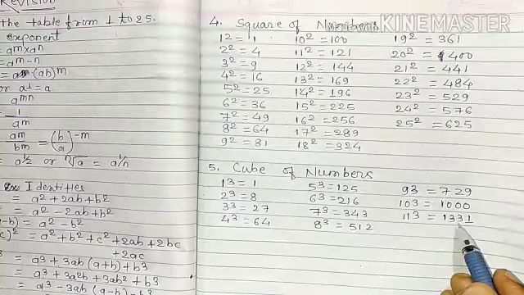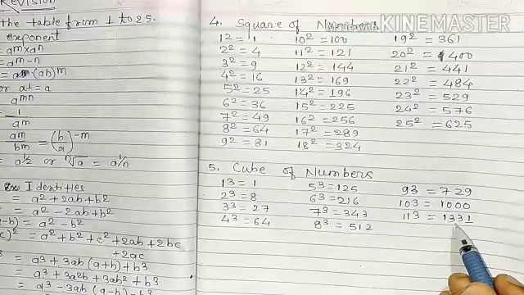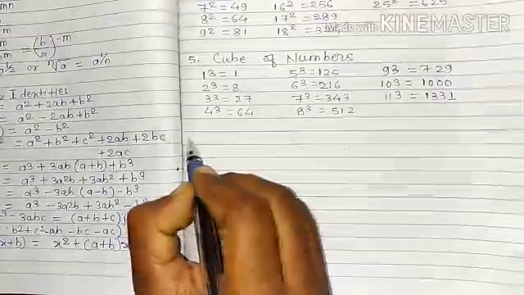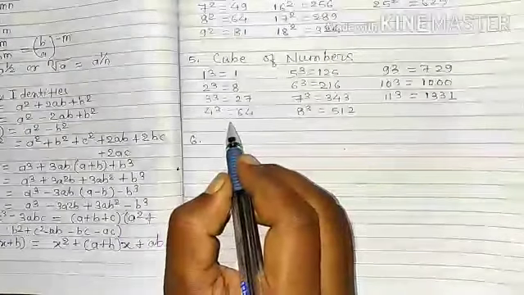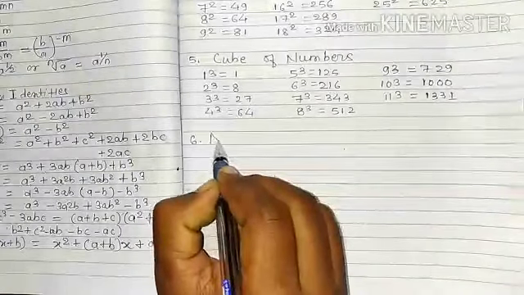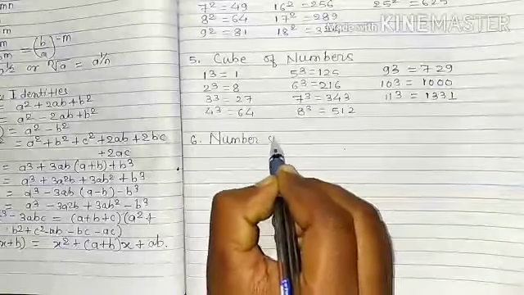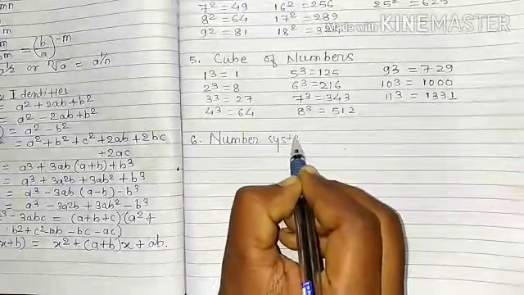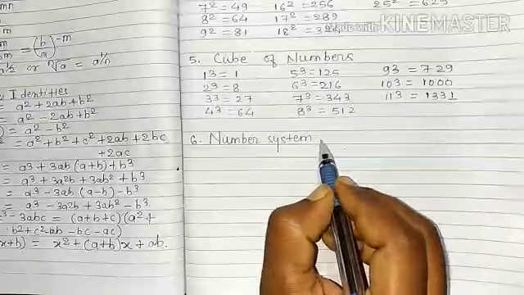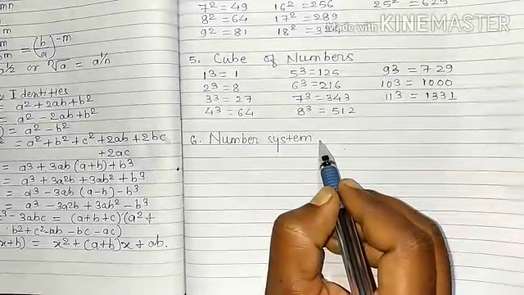When we remember the cube of numbers, then we find the cube root and cube of numbers. Sixth, number system. There are so many numbers in a number system.